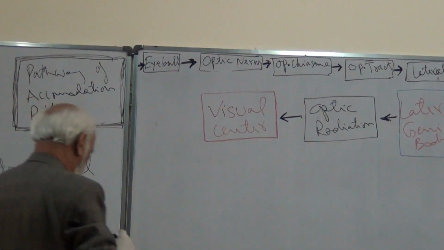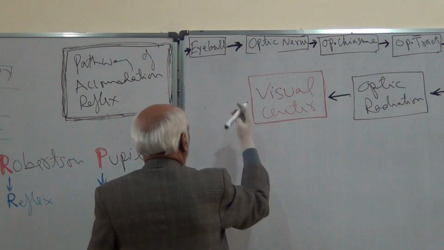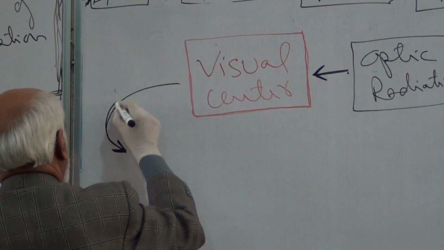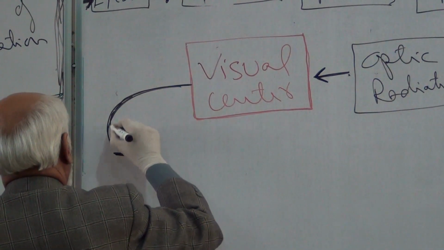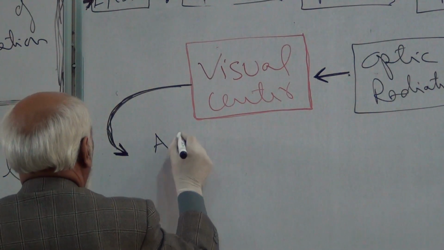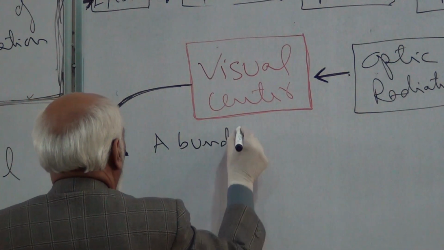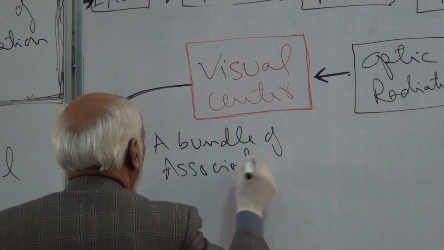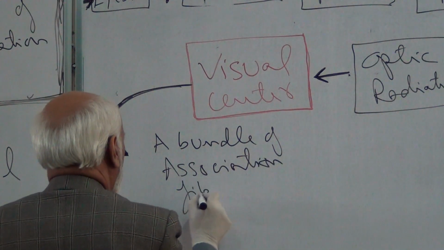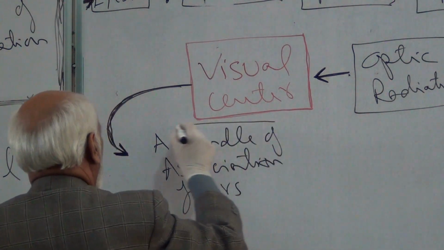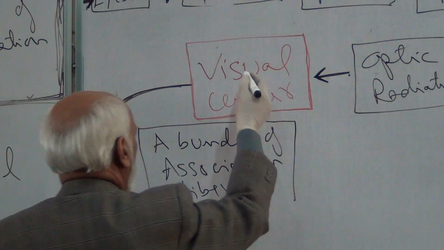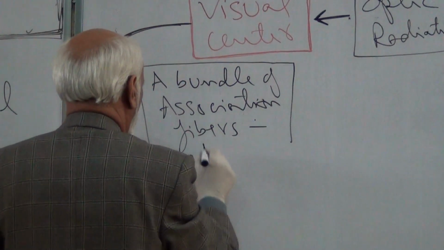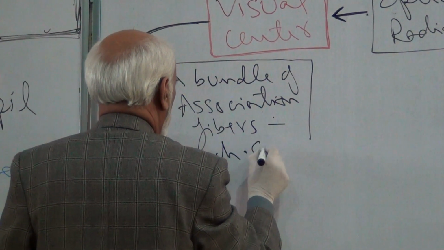Now, next to the visual pathway, a bundle of association fibers arises from the visual center in each cerebral hemisphere.